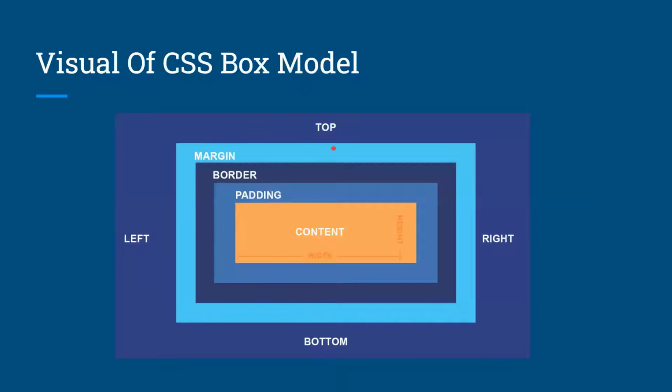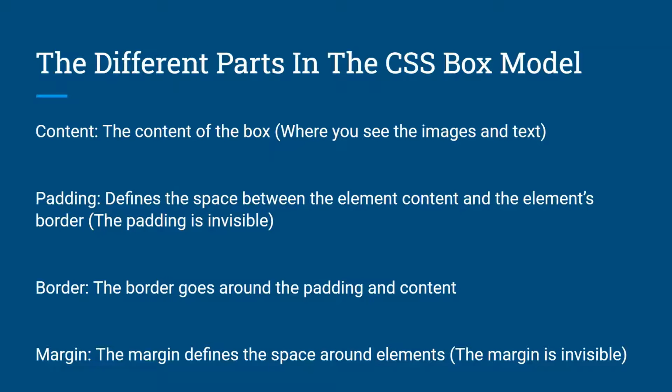So if I go back to the box model diagram, you can see that here is our border and here is our content. The padding is how much space you want in between these two. If you wanted neck and neck, you could say 0 padding. But if you want a little bit of space, you can maybe say 20 pixels, 30 pixels, etc. How much space you want between them.